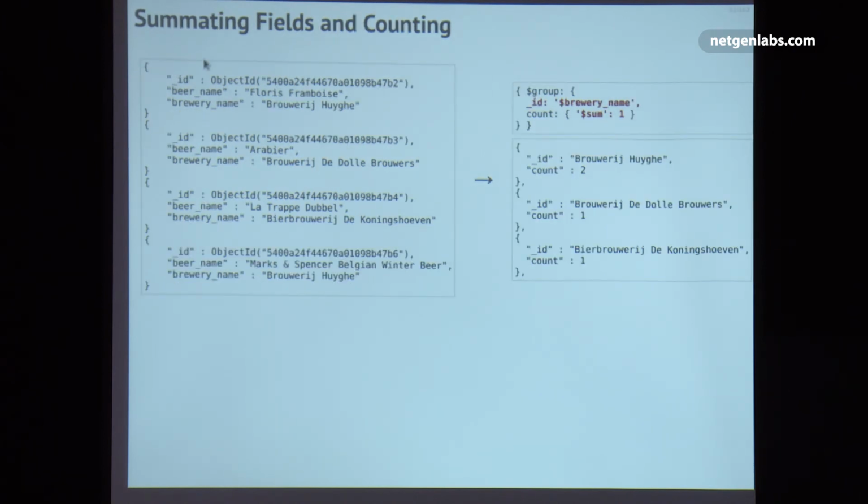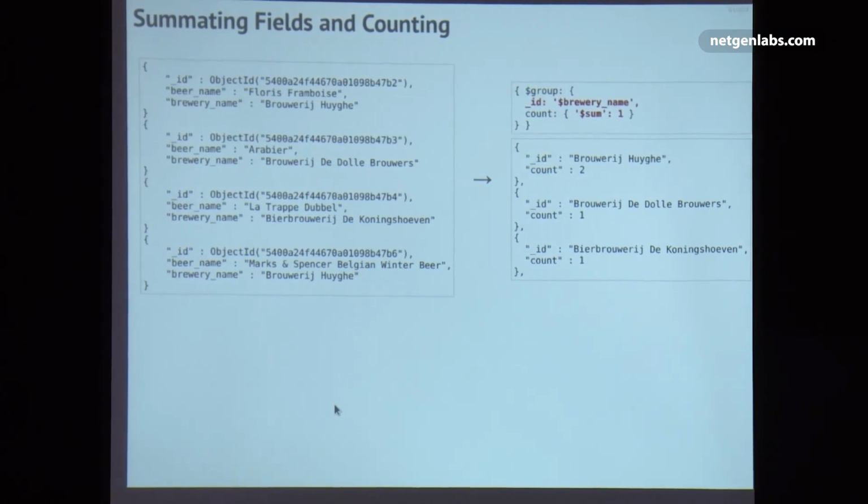All right, so I have 4 beers here. Try pronouncing those breweries. Good luck with that. I can do it because I'm Dutch and they're Dutch names, so that's simple. So what I want to do is I want to count how many beers there are for each brewery. So I'm going to group by the brewery because I want to collate information for each brewery here, right?